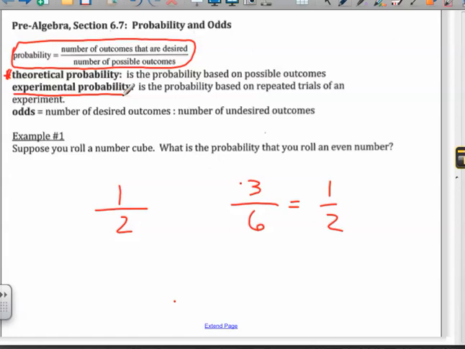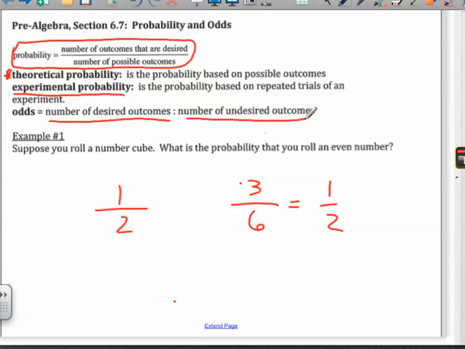Okay? Now, odds, we've talked about probability. Odds is the number of desired outcomes to the number of undesired outcomes. Now, odds for whatever reason are generally written with a colon, not like a fraction.